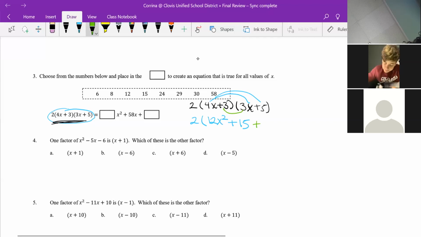Oh, so I messed up. The part you told me was right. It's 12x squared plus 15. Plus 20x. 9x, because you're doing 3 times 3x.